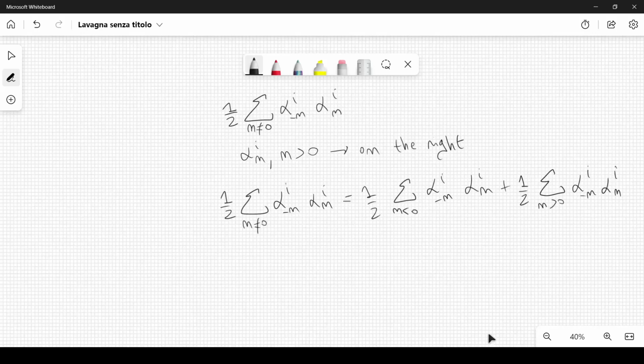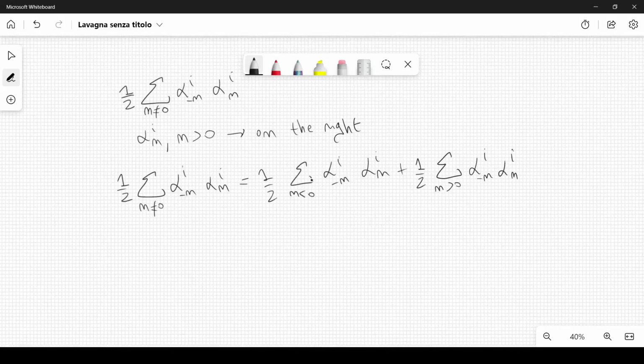And in this case we are considering operators, so these two summations here will not be equal because of the commutation relations. Now we want to put this term on the right of this one, because in this case for n less than 0 this will be an annihilation operator and we want to put it on the right, whereas here in this summation this is already okay, it's already acceptable the way it is, because this is already the annihilation operator, whereas this is a creation operator.